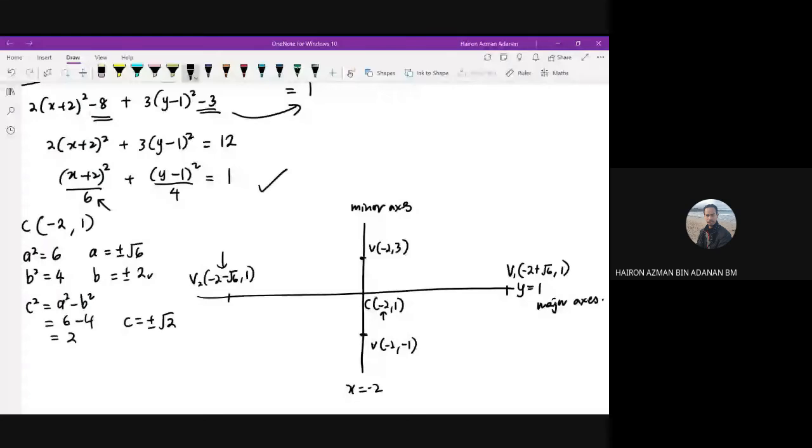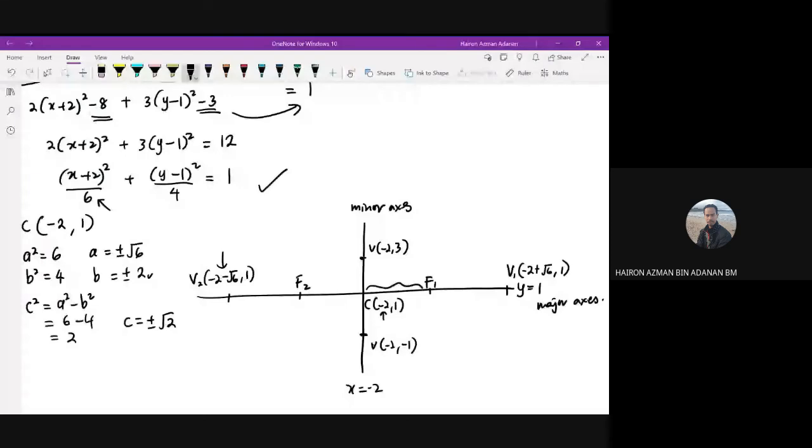Okay. So then the focus, or foci. Where are your foci? Foci of course on your major axis. So these are your foci. Okay, first and second focus. Which one first, which one second? No problem. If you swap them, no problem. Distance from the center to the focus is c.